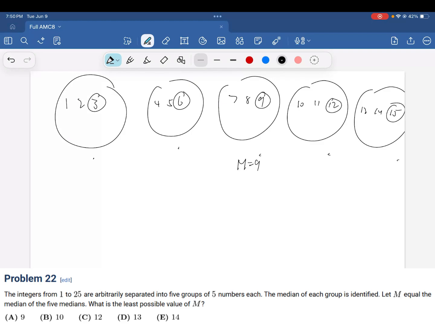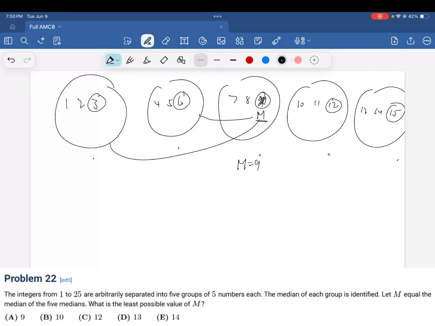But let's just prove that this is the smallest. Instead of 9, let's call this number M, because we don't know what it is. This M must be bigger than all of these, because the median M is bigger than the median 6, and also bigger than the median 3.